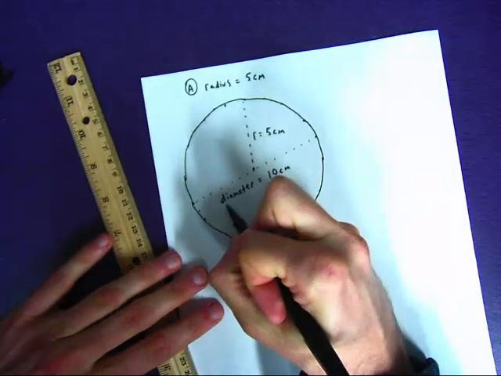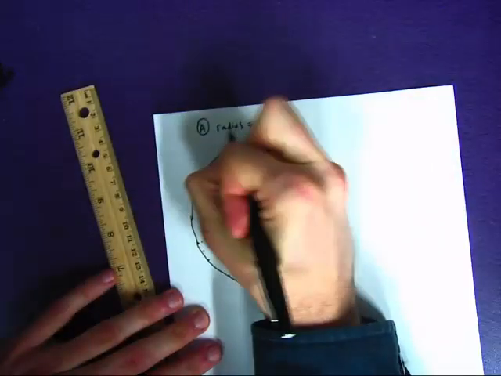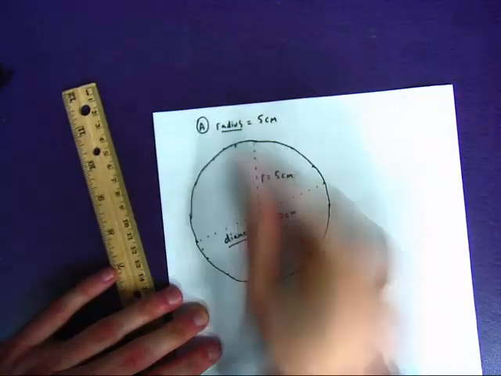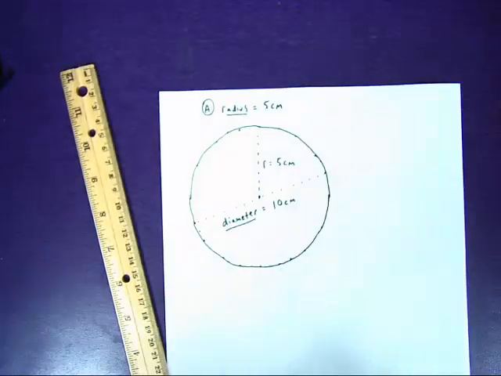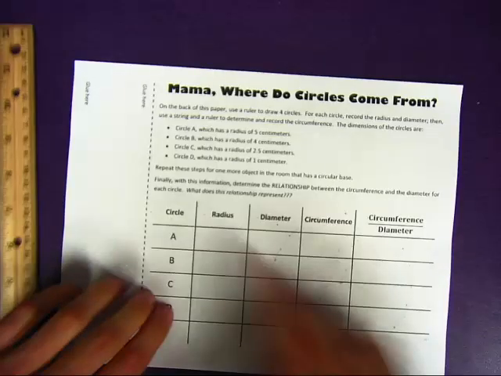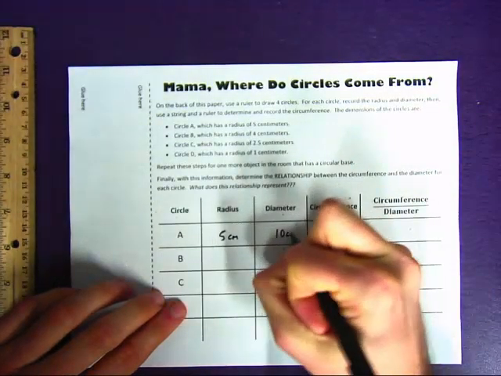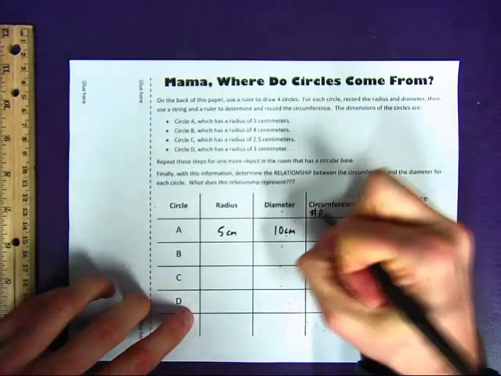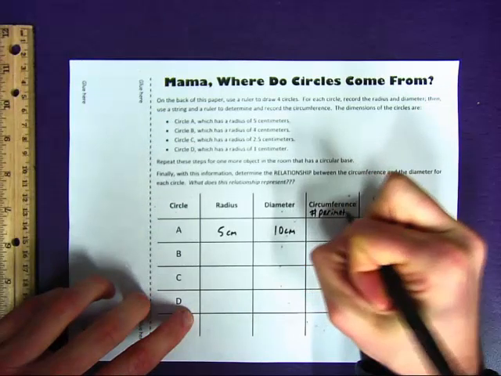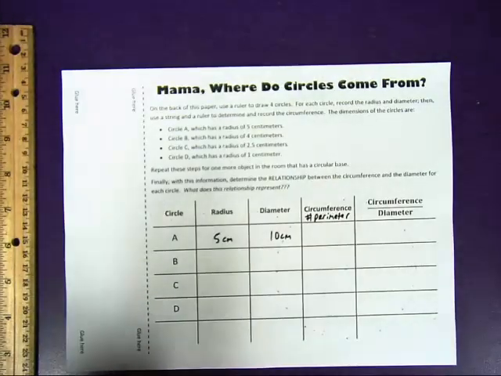The way that I remember it is diameter is a longer word, whereas radius is a shorter word. So the radius is the short one, diameter is the long one. We have a radius of 5 centimeters, a diameter of 10 centimeters. The circumference is the same thing as the perimeter. The circumference is the perimeter of a circle.